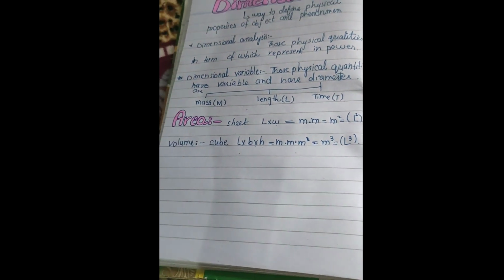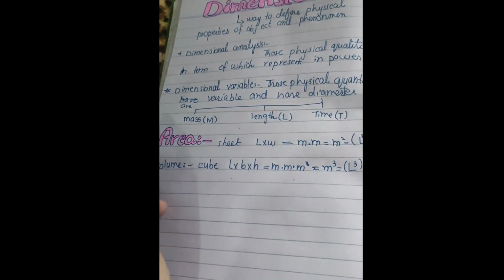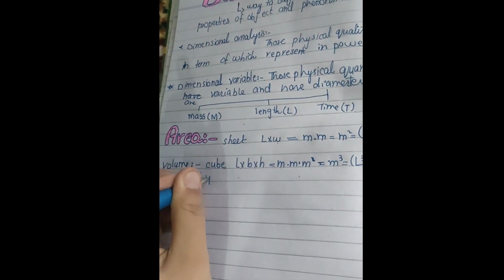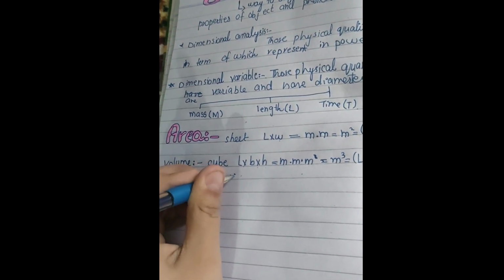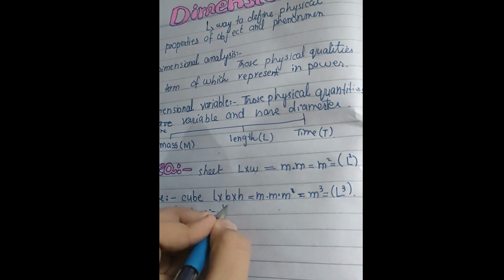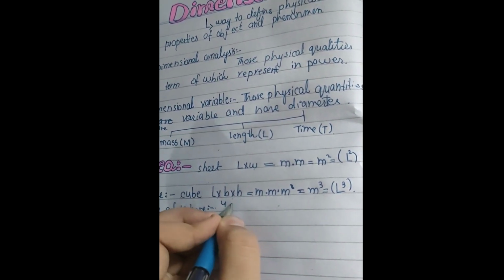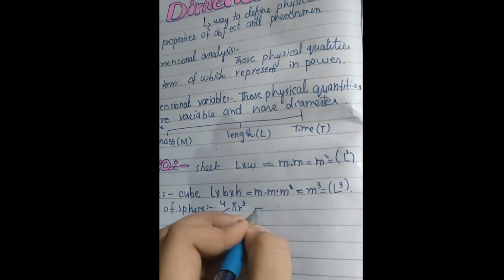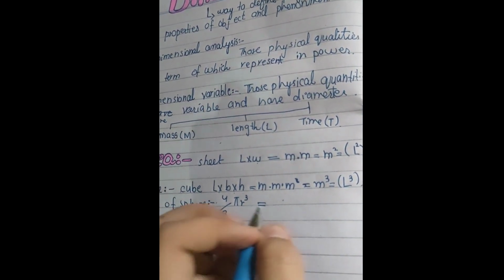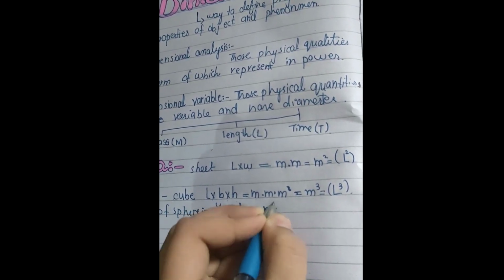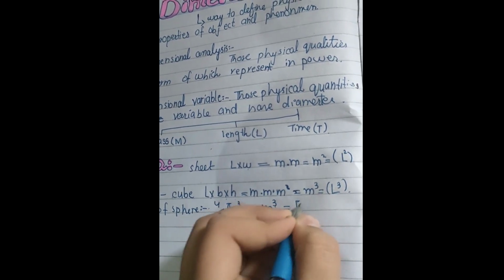Now let me teach you about the volume of a sphere. For a sphere we know the formula is 4/3 pi r cube. And here for the volume the unit is meter cube, so it is equal to length cube.